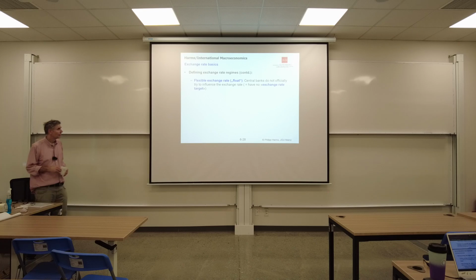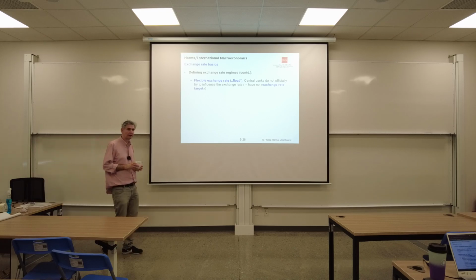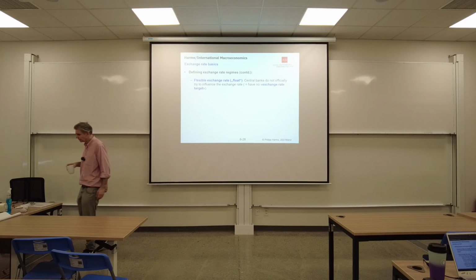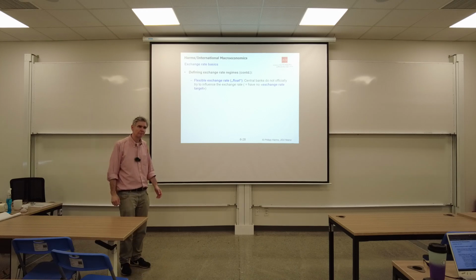So now a flexible exchange rate, sometimes called a float. With a flexible exchange rate, central banks do not officially try to influence the exchange rate. So they have no exchange rate target. So when you call Madame Lagarde from the ECB and you ask her, what is your preferred US dollar euro exchange rate, then she might give you a number.